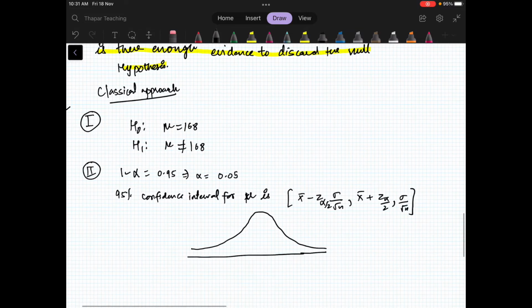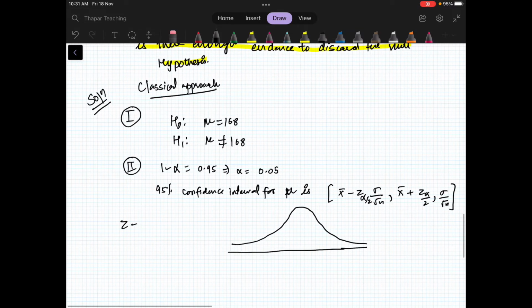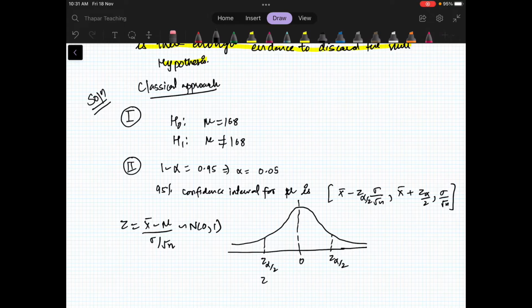If I assume my z to be x bar minus mu over sigma by square root of n, then this is a standard normal distribution. The mean here is 0, and this is minus z alpha by 2, and this is z alpha by 2. Alpha is 0.05, so each tail is 0.025, and if I compute the value from the table, this is minus 1.96, and this is 1.96.